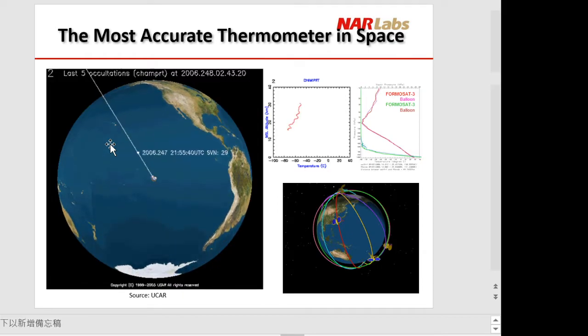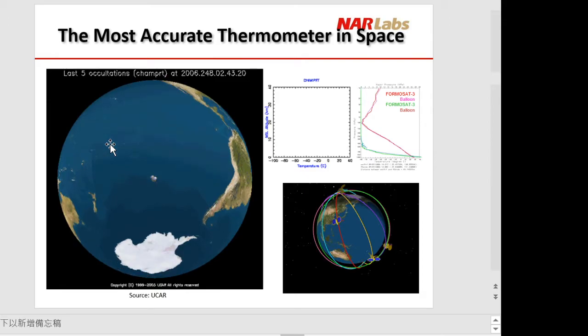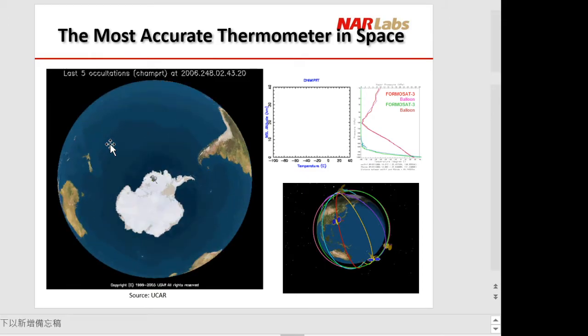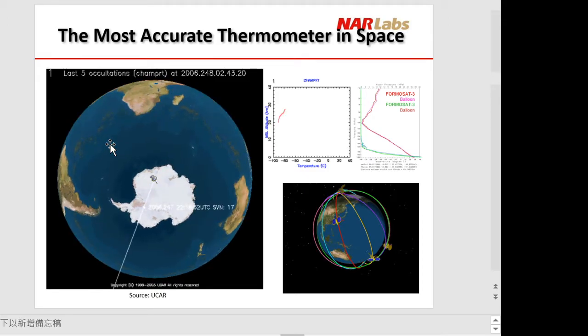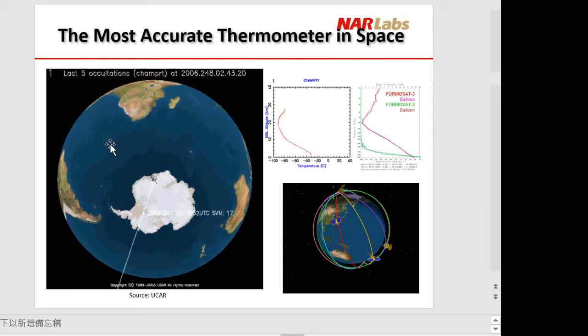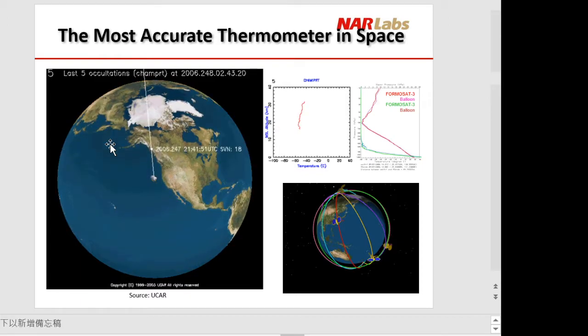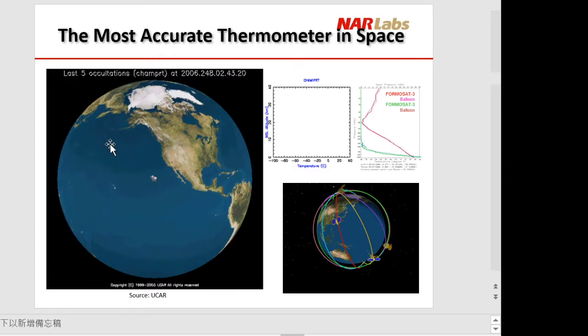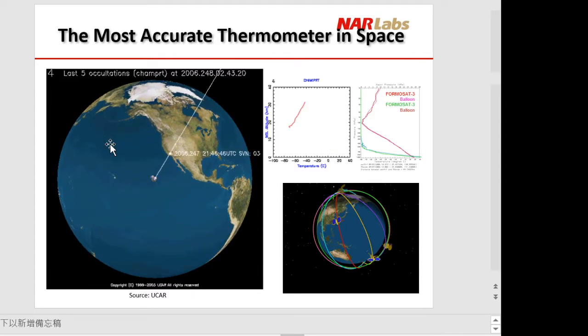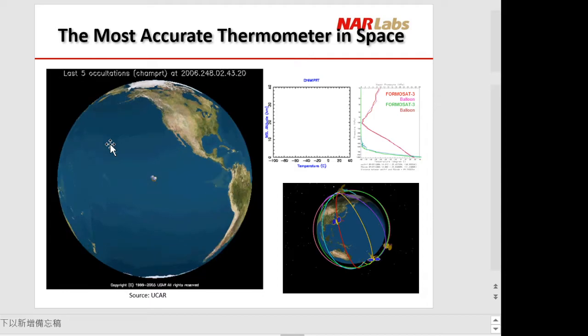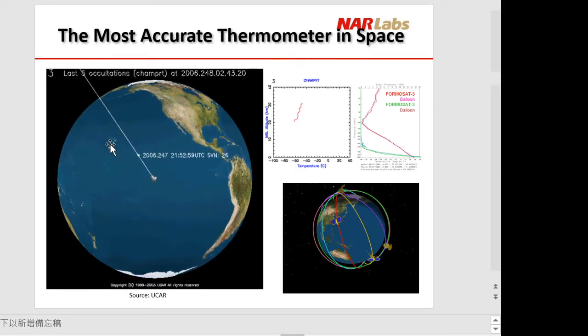And of course, when people compared the retrieved profile with the radiosonde measurement, they found it is quite consistent. That's why it's called the most accurate thermometer in space.